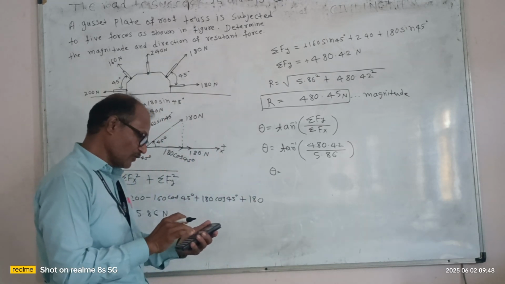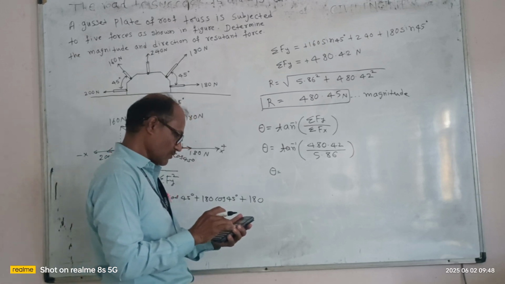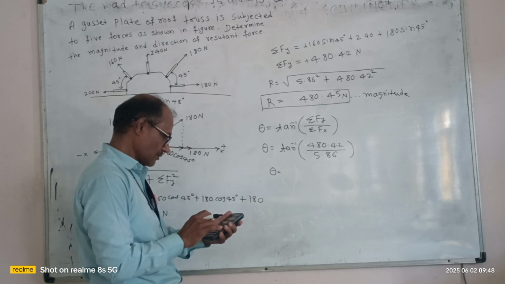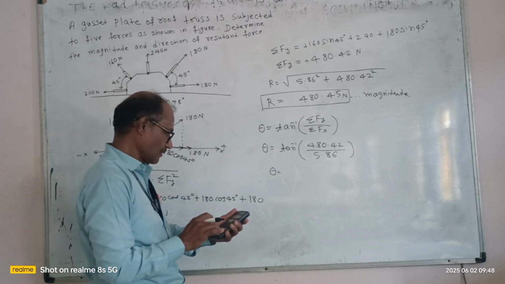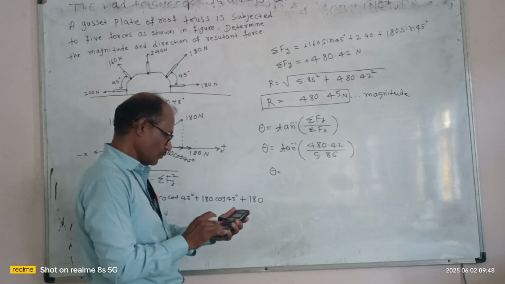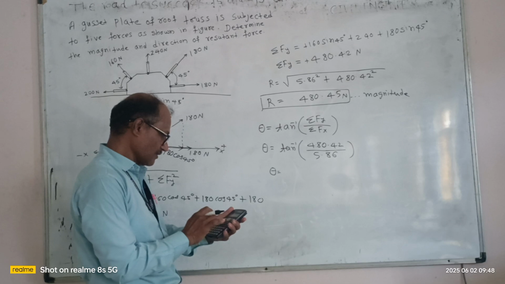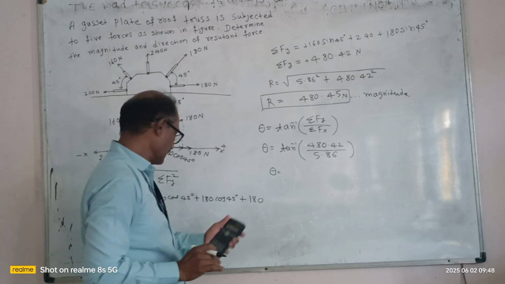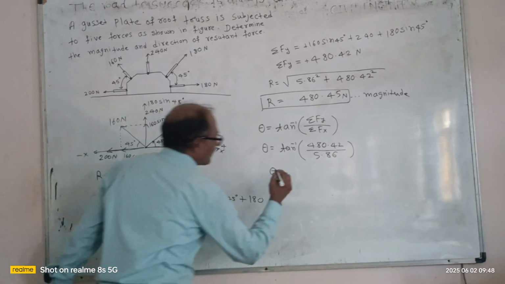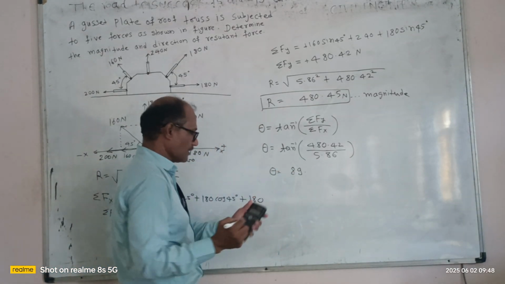I already told you that our calculator must be in degree mode. Tan inverse of 480.42 divided by 5.86, it comes to 89.30 degrees.